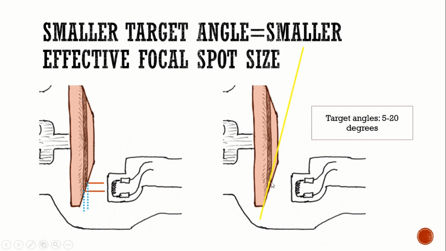If the angle of your anode target is being reduced, it will result in a smaller effective focal spot. So take note that in a diagnostic X-ray tube, the target angles vary from 5 to 20 degrees. So remember, the smaller the target angle, the smaller the effective focal spot.